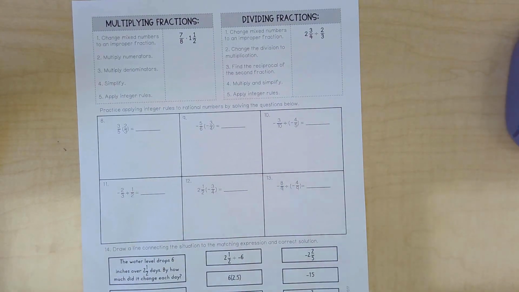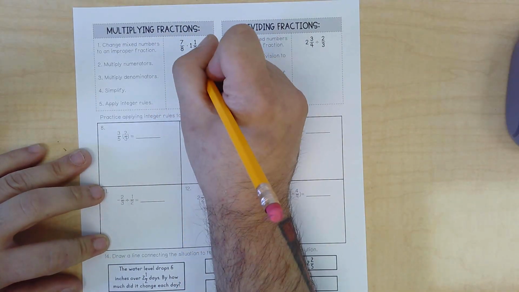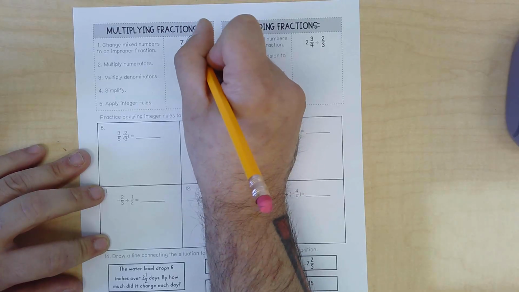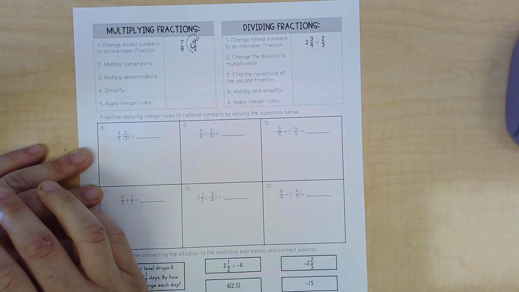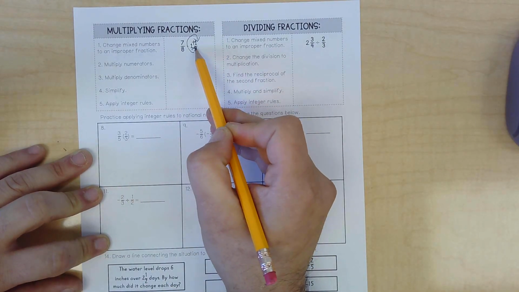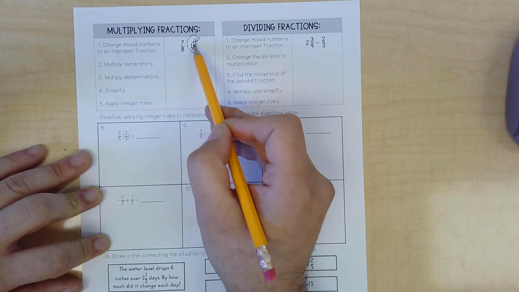All right, so here I'm going to show you something I do with converting mixed numbers into improper fractions. Okay, it's something I like to call walk around Texas. So for this first one, we're going to walk around Texas. I have my TX right there, and as I walk around, I'd perform my operation.